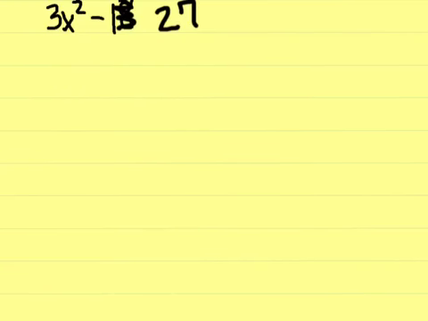So we have 3x squared minus 27. Is 3 a perfect square? No. Is 27 a perfect square? No. So we need to see what can factor out of both 3x squared and 27. And what does? 3. So we're left with x squared minus, what's 27 divided by 3? 9.